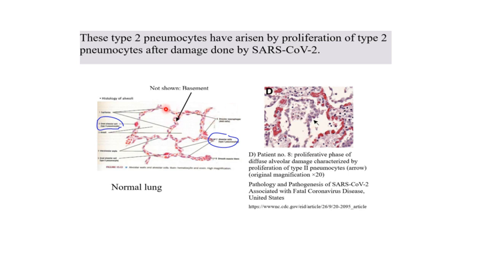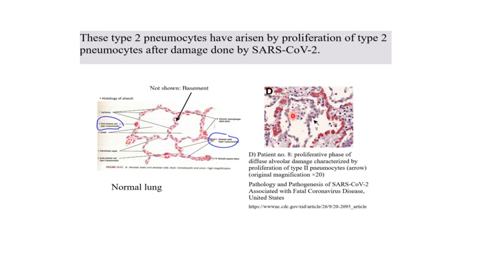Compare that to the normal lung. Nice airspace, epithelial layer here. This is the epithelial layer for this side, this alveolus. This is the epithelial layer for this alveolus. And notice there is no epithelial layer in this alveolus. Heavily congested capillaries, yes.